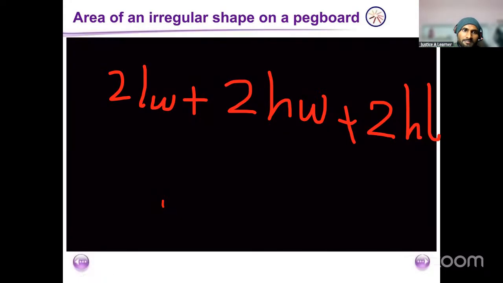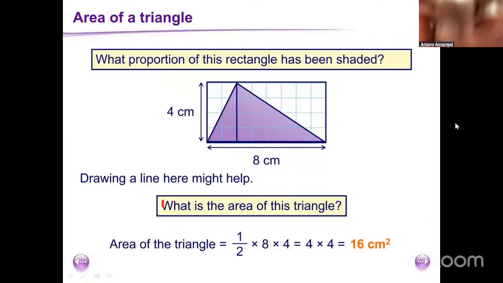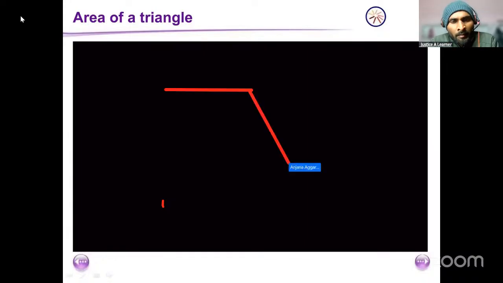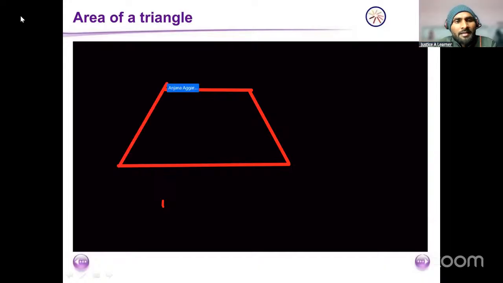Do you remember the shape of a trapezium? Can you draw that? So what will be the area for the shape of a trapezium?